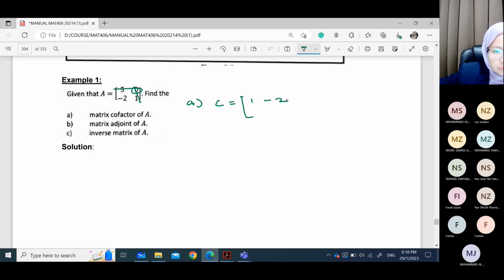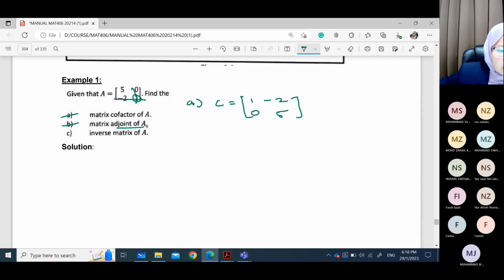So we have negative 2. Okay. And then kalau you nak cari next one, C21, row yang kedua, kolom yang pertama, C21 is a 0. Okay. So last one, nak cari C22, row yang kedua, kolom yang kedua is 5. So this is our cofactor of A.